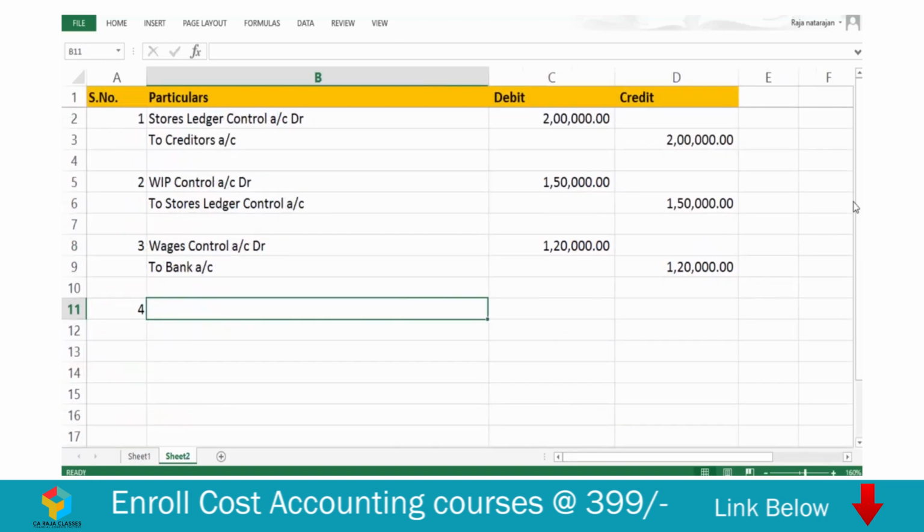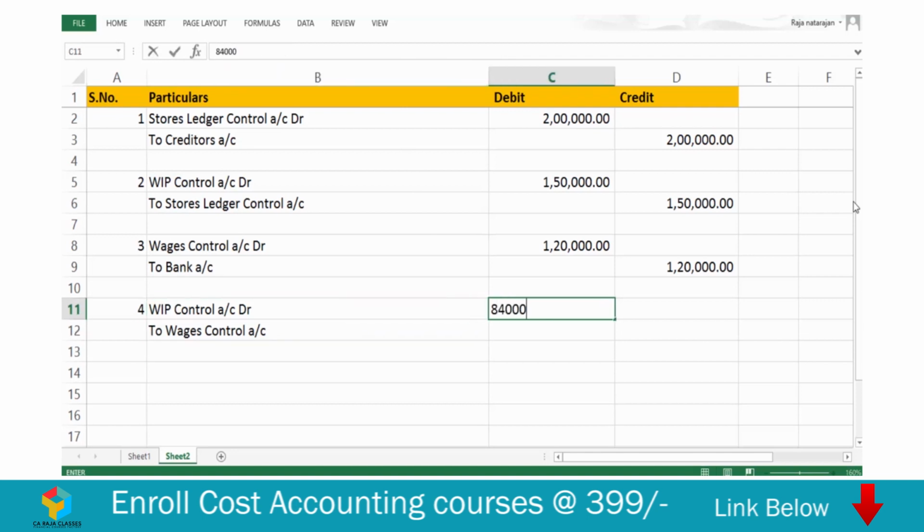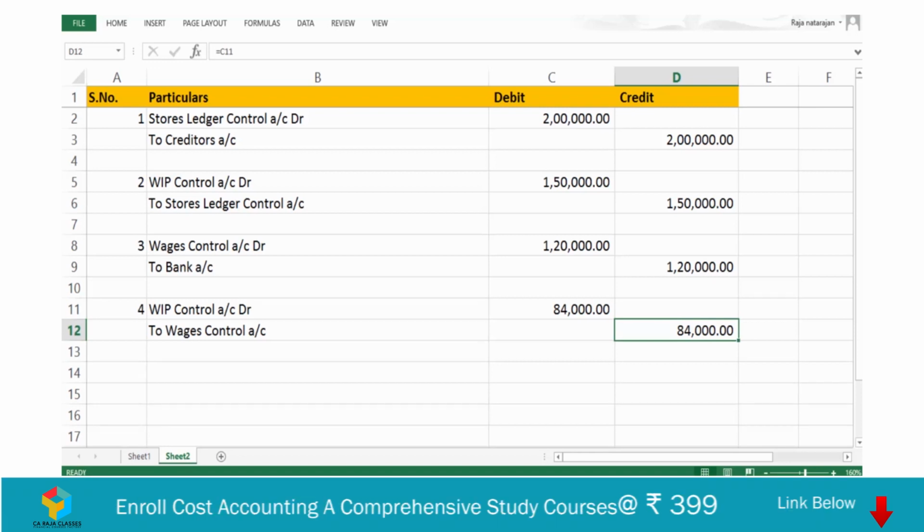So item number 4, we can say work in progress control account debit to wages control account. It's going to be that 84,000. It means out of this 1,20,000, 70%, that is 84,000, has been transferred to production. It means the remaining 30%, that is around 36,000, is transferred to factory overheads.